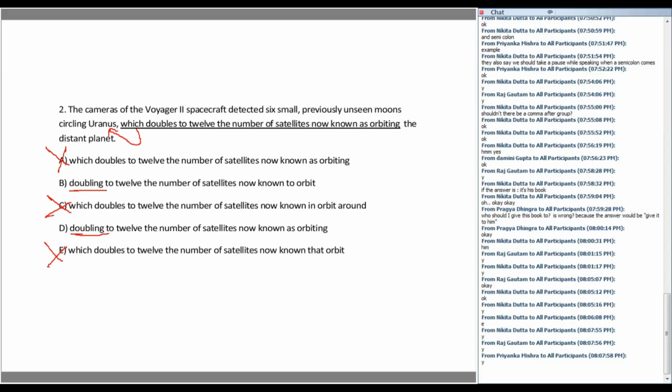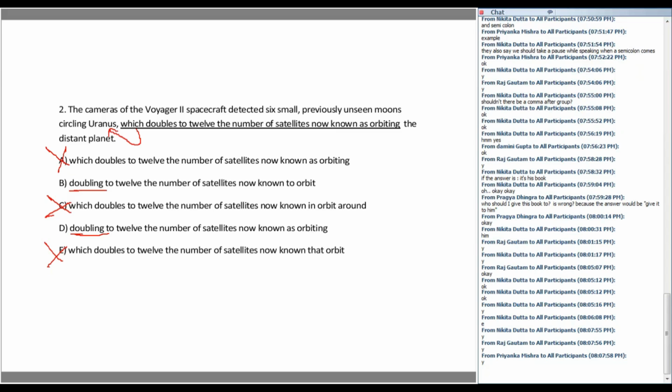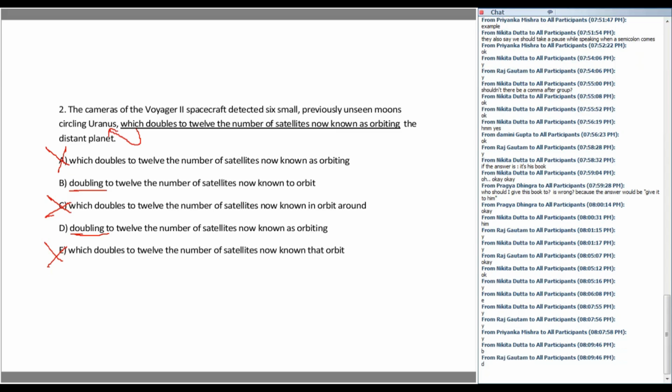Because of this detection, now the number of satellites that orbit this planet is doubled to 12. Earlier we thought it was 6. Now we know it is 12. Is the answer going to be B or D? Tell me, what will you mark, B or D?